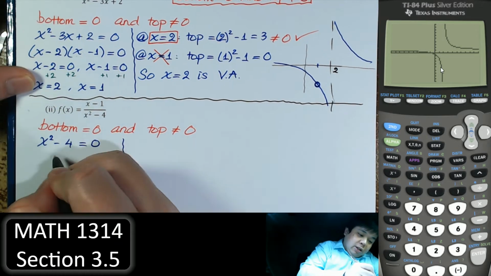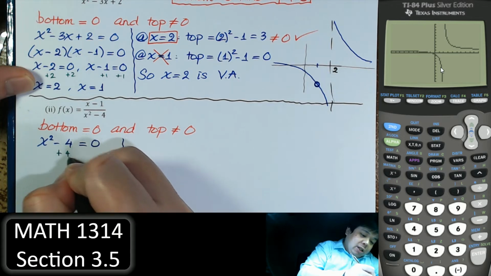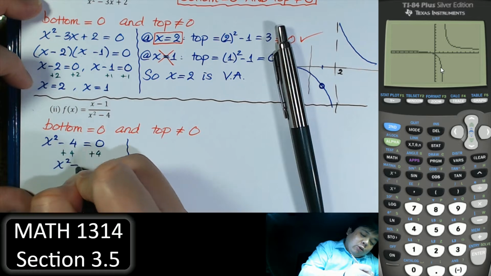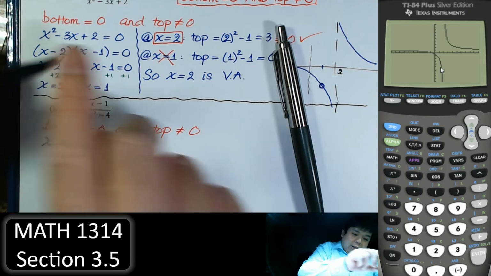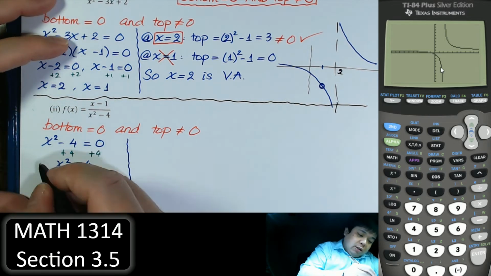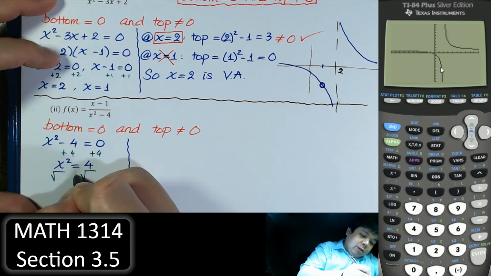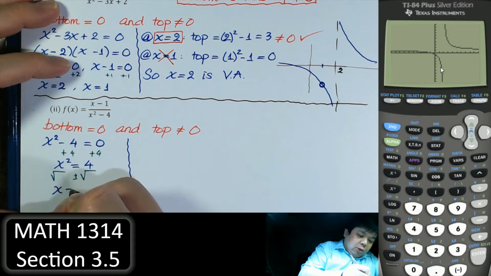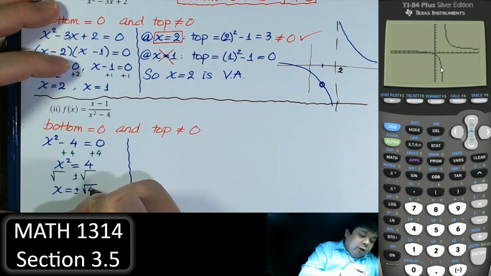I'll just do it using the square root property. So x squared equal to 4, and take the square root on both sides. So x equal to plus or minus square root of 4, we have plus or minus 2.